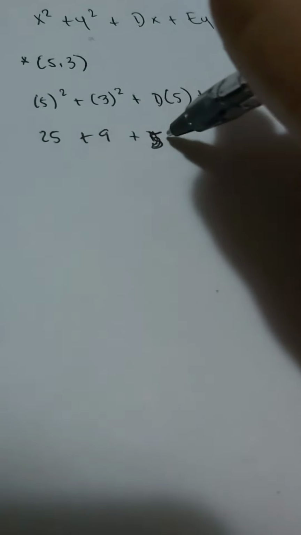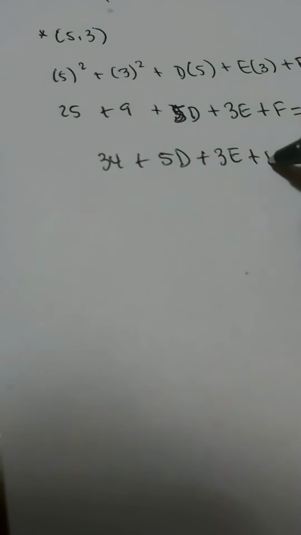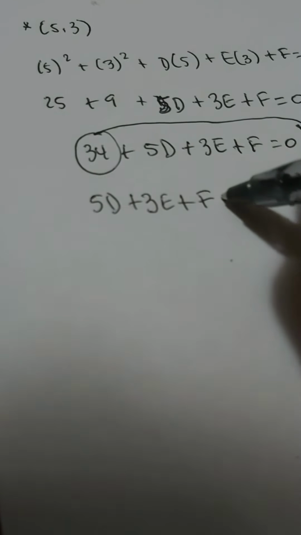That's 25 plus 9 plus 5d plus 3e plus f equals 0. 25 plus 9 is 34, plus 5d plus 3e plus f equals 0. Pass 34 to the other side, and we get 5d plus 3e plus f equals negative 34.